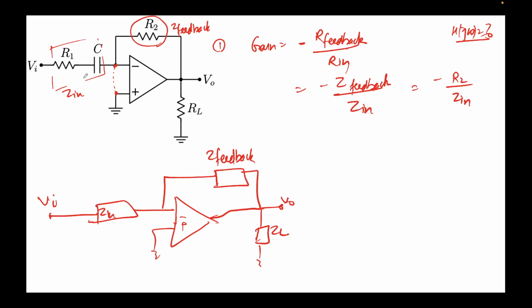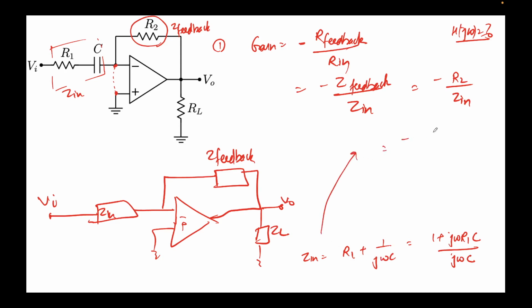How do we find out Zn? Zn is nothing but the series combination of these two components, right? So I can simply write Zn equal to R1 plus 1 upon j omega C. I can rearrange these terms and write it as 1 plus j omega R1C over j omega C, just taking the LCM. Let's put this value of Zn over here.